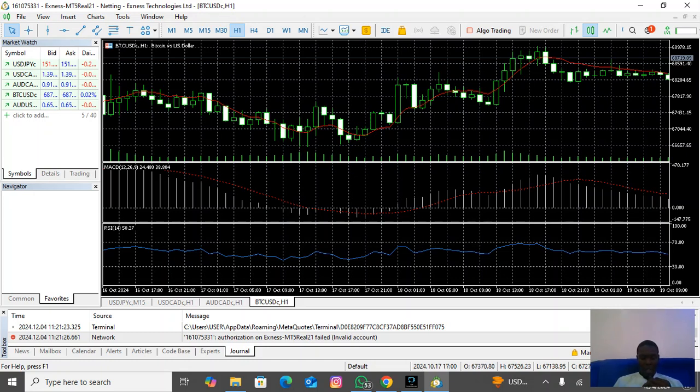The MACD is calculated by subtracting the 26 period EMA from the 12 period EMA.